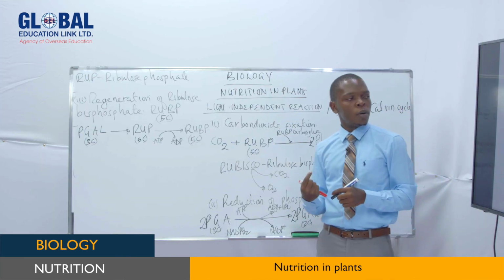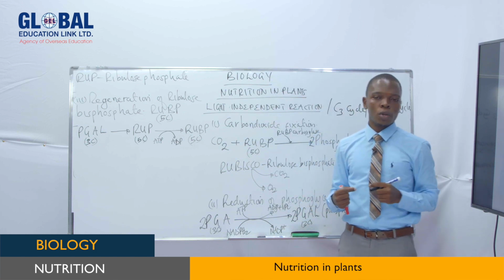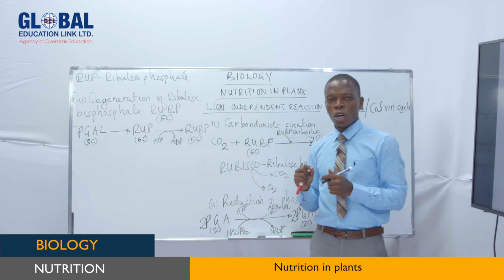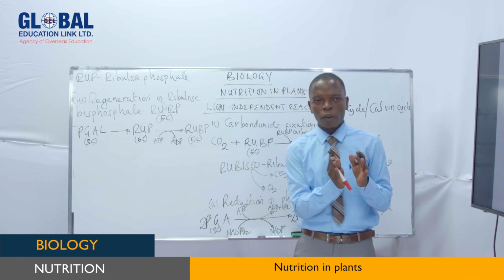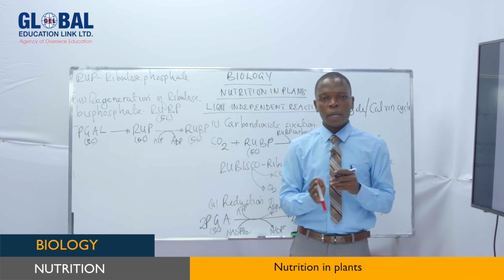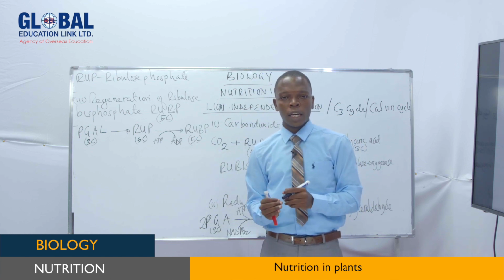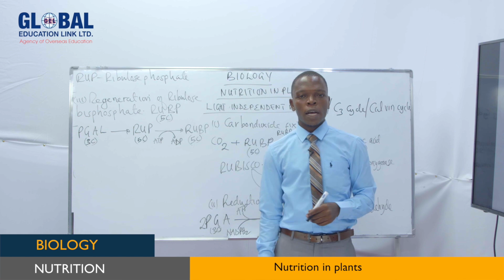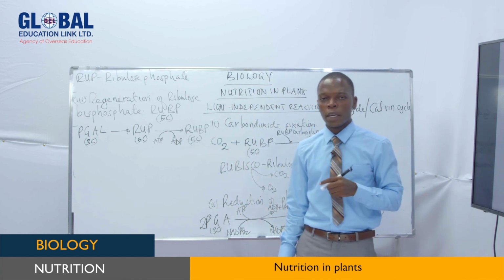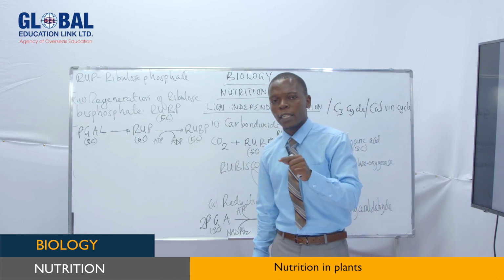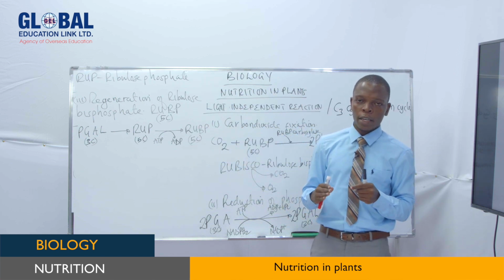The main purpose of light-independent reaction is to convert carbon dioxide into carbohydrate, sugar such as glucose. Therefore, in this question, what you are supposed to describe is the process of light-independent reaction from stage number 1 up to stage number 3.